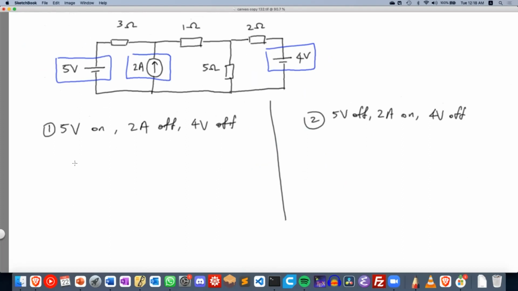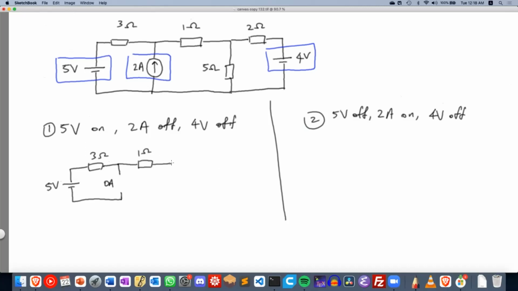So what does it look like? In the first scenario, we have the 5 volt battery that's on, and a 3 ohm resistor. Then you have the 2 ampere source, which is off, so it is 0 ampere, which means it's an open circuit, since an open circuit has 0 current flowing through it.